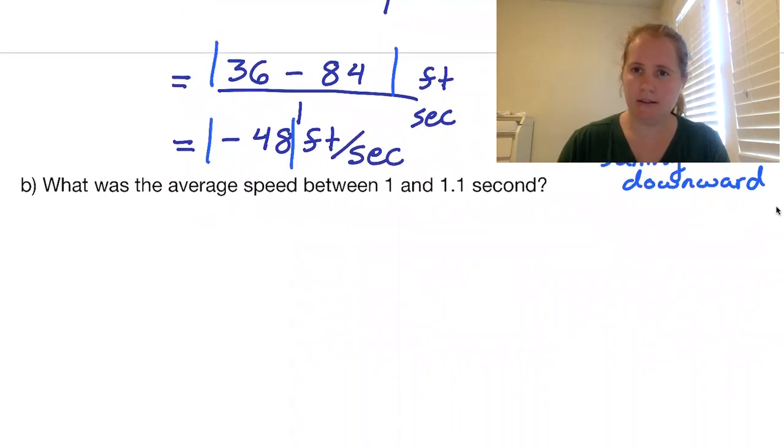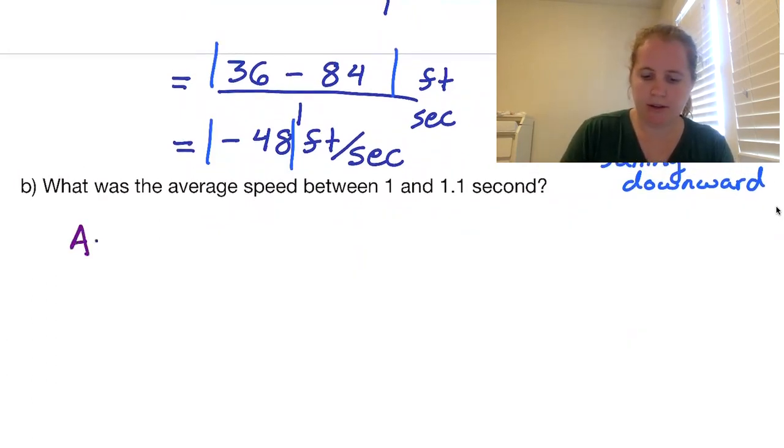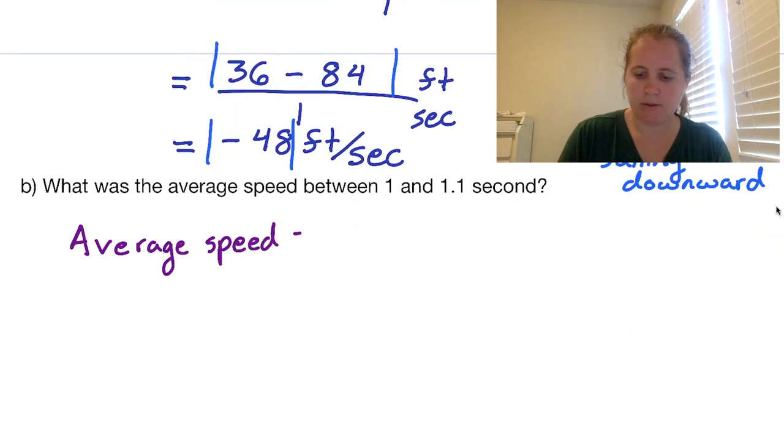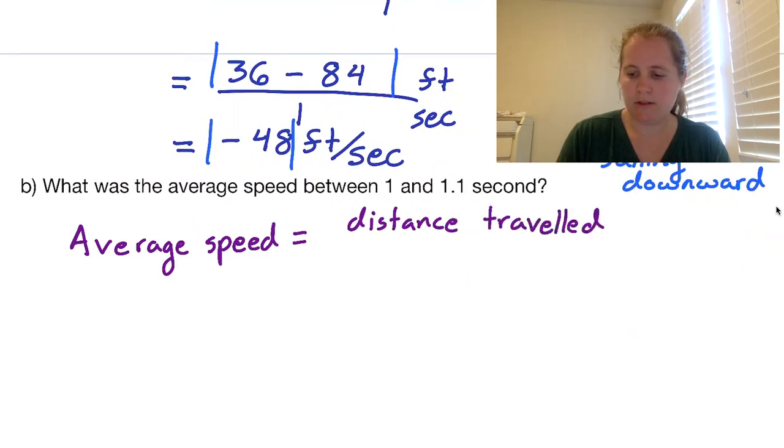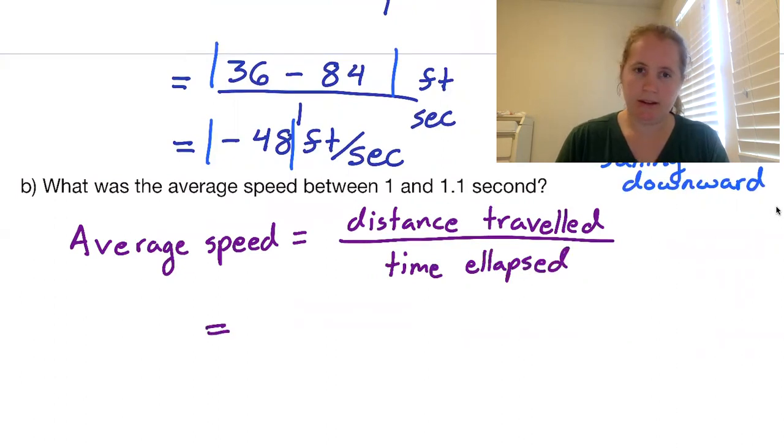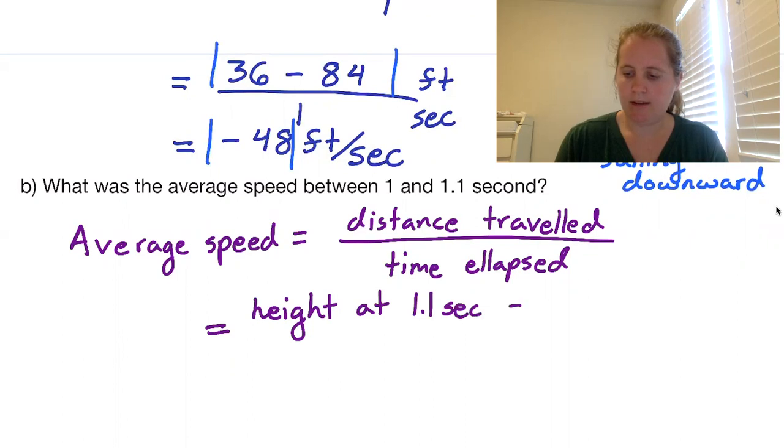So again, we have that the average speed would be equal to the distance traveled divided by the time elapsed. So we would be looking at the height at 1.1 seconds minus the height at 1 second.